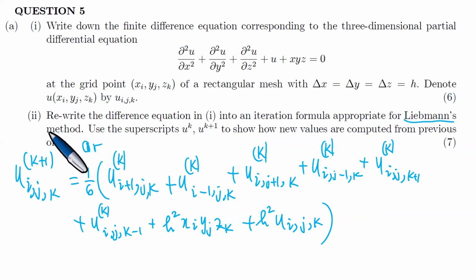And we use the superscripts for that. And we solve for the u_ijk, and then we give it a superscript k+1, and the rest we give superscripts k, because this one is the first one in the d squared u dx squared, which is u_i+1. Then the last one is this. Then this one we've put here is common. That's why we factored it out, right? And as we figured it out, then we're able to do the following.